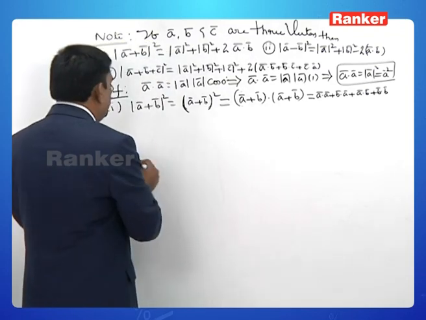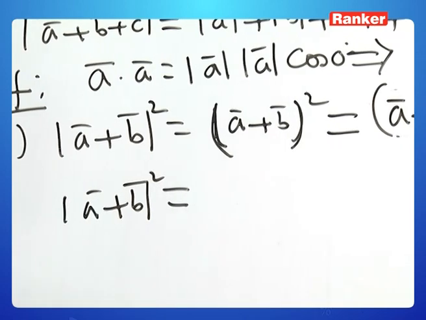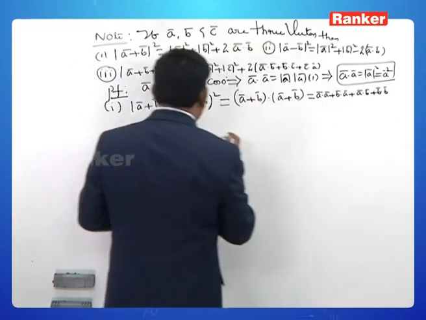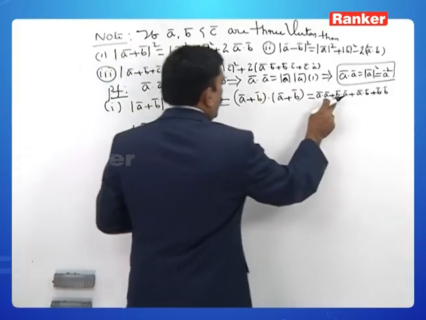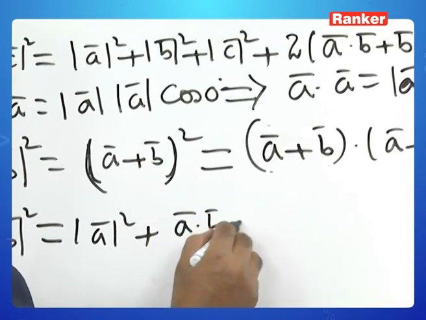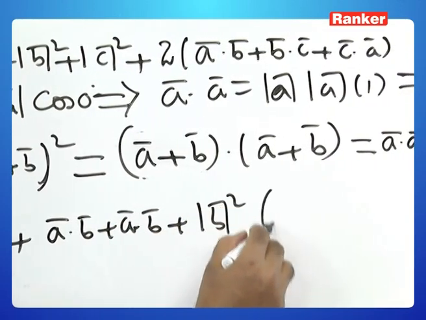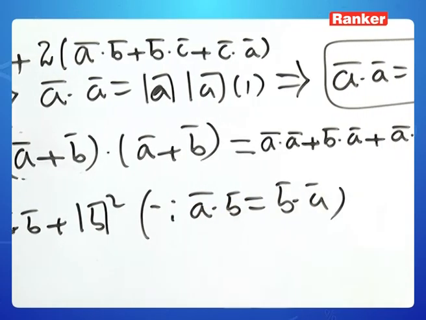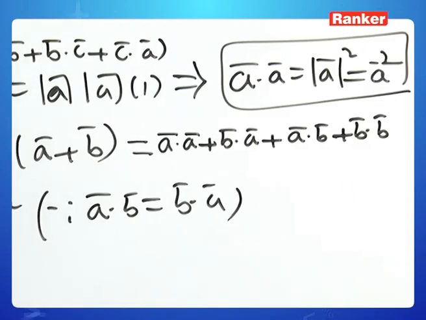Now, what is A dot A? I can write this as mod A whole square. Now, A dot B and B dot A are both the same, since A dot B is equal to B dot A, both are scalars.